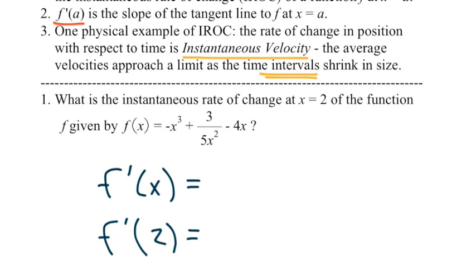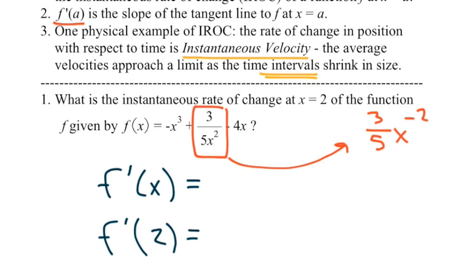The only term that I'm a little bit worried about is 3 over 5x squared, because the x squared is on the bottom. So I'm going to go over here and rewrite this term as 3/5 x to the negative 2. And that's going to make my life easier, because now I've got the coefficient, the base, and the exponent all separate, and it's really easy to see what they all are.